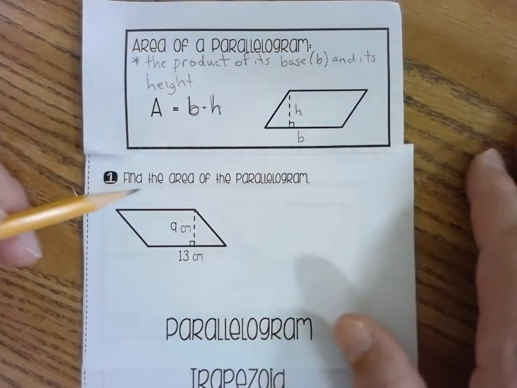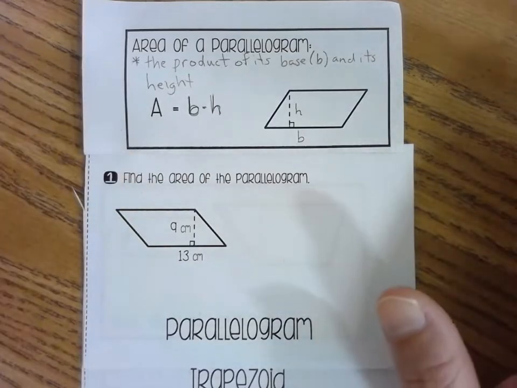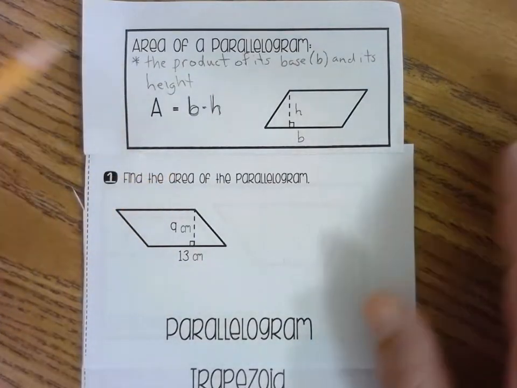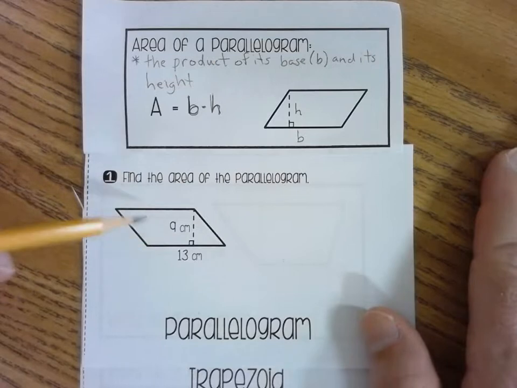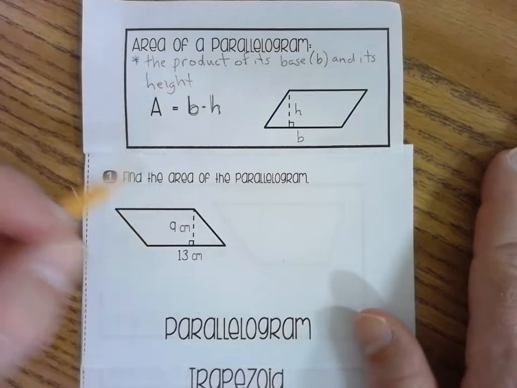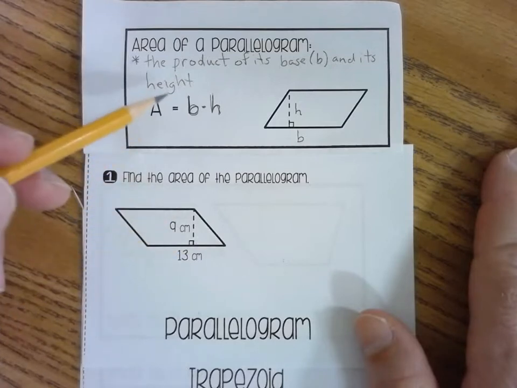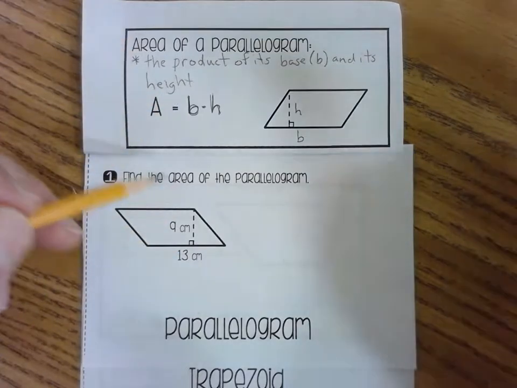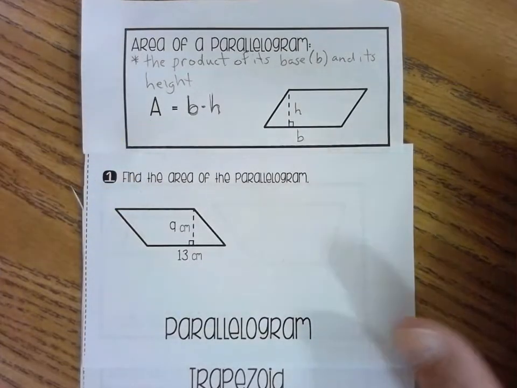First things first, whenever you see this type of problem, the first thing you want to do is identify the type of shape. So here's my parallelogram, and you have to recognize that, and if they ask you for the area of that parallelogram, you have to use the correct formula.